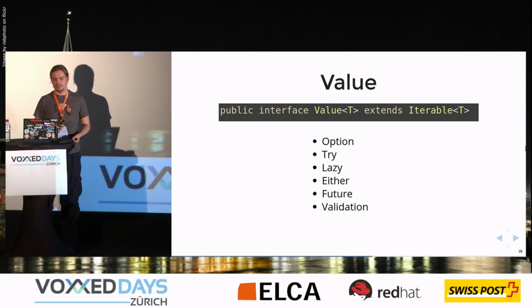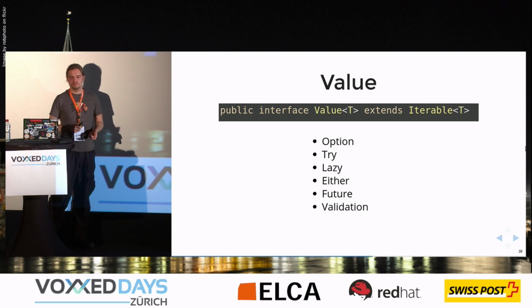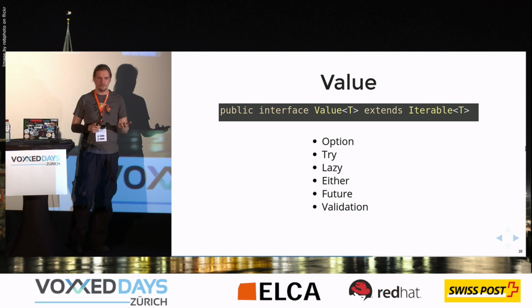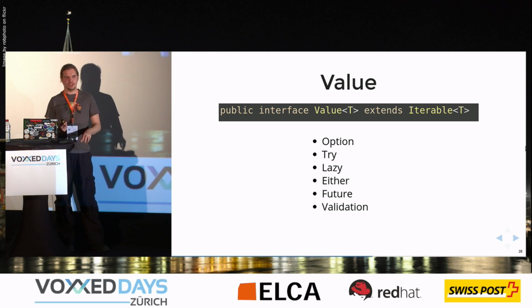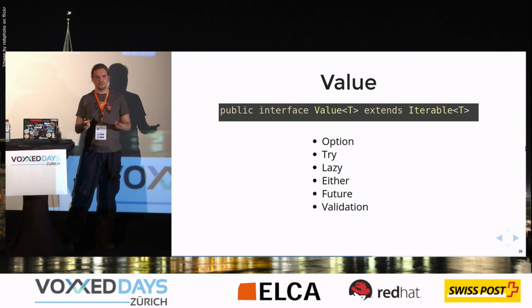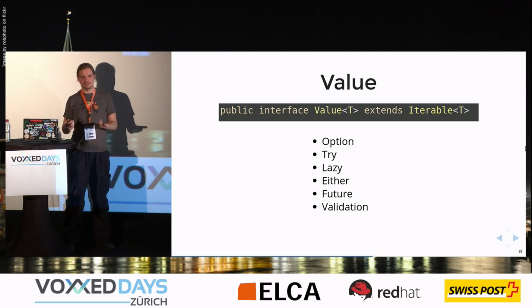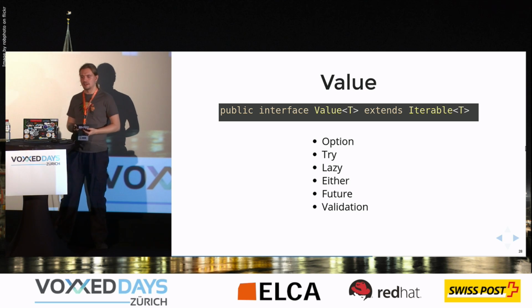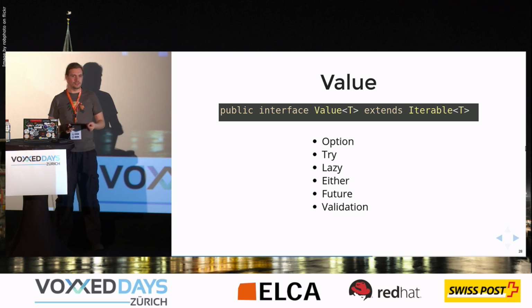This is super handy in some situations, because basically all of those containers, like Option, can have something inside or not. Try can be successful or not. Lazy can be initialized or not. Future can already have a value or not. Validation can be validated or not. Everything has those two states, and those can be considered iterables.